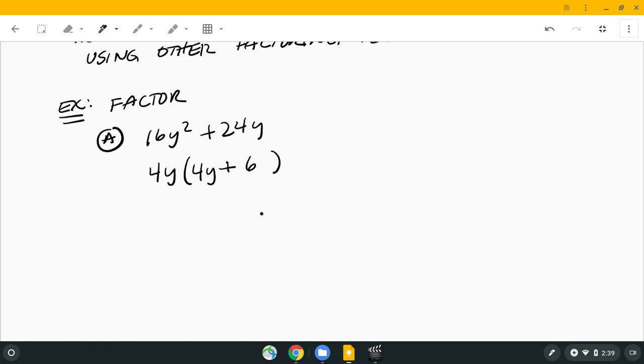So let's move this 4y over. All right, so over here, if you factor out 2, then you'll be left with 2y plus 3 on the inside to get back 4y plus 6, right? And now they don't have anything in common, so we are done.